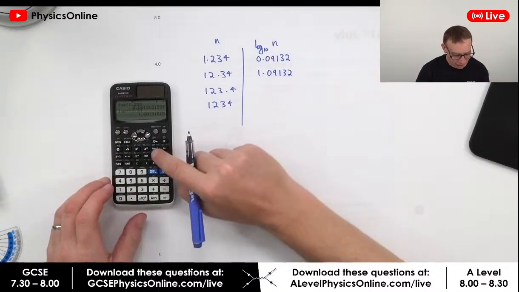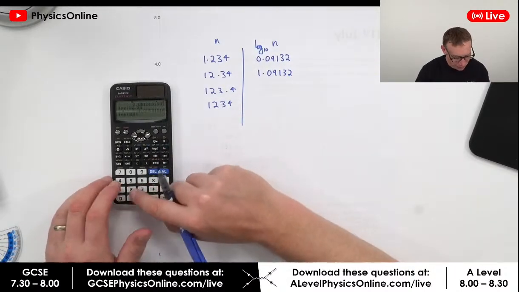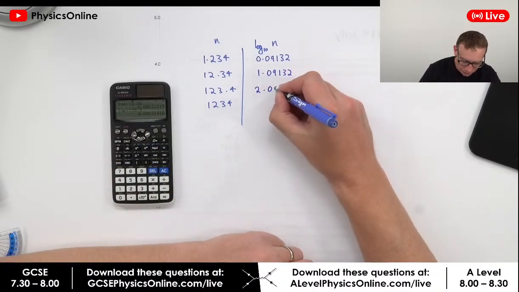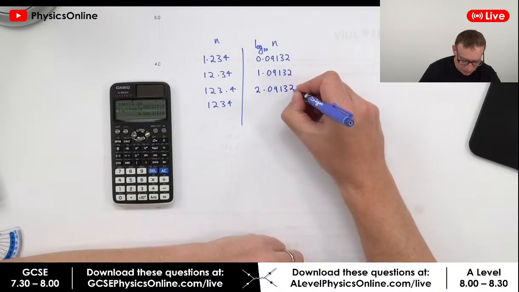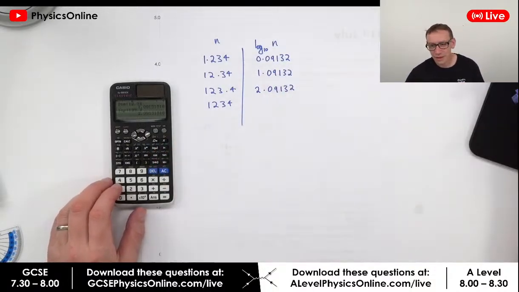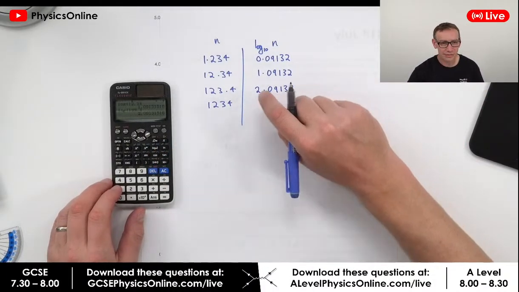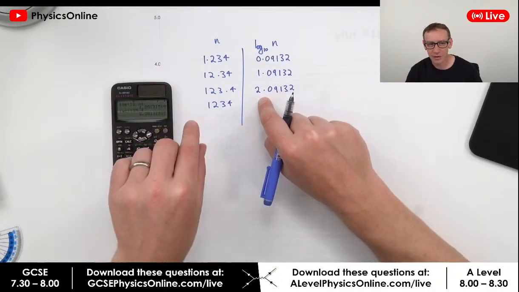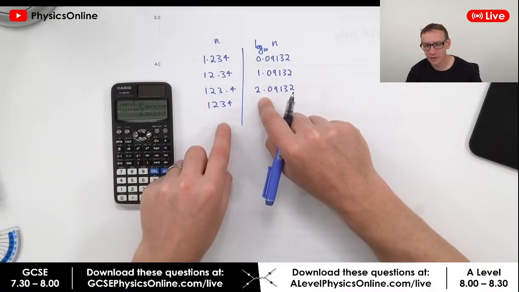If I take the log of 123.4, the answer is 2.09132. And I'm going to do the same for this, although actually, I'm sure all of you realise that without using a calculator, you can work out the value of log 1,234.